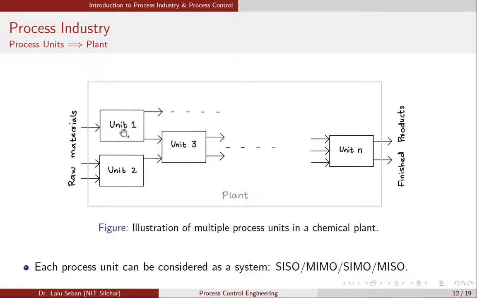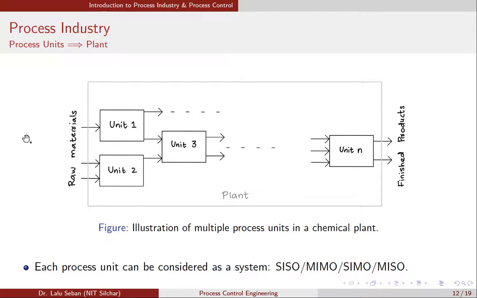Here we can see that, say, one process unit may get input from one or many other process units. The output of one process unit may go to one process unit or go to more than one process unit.